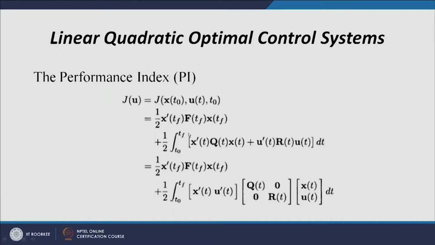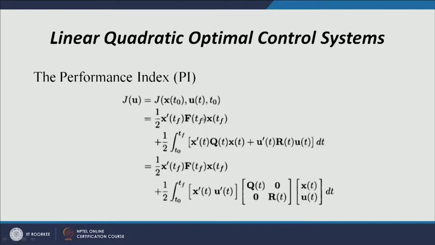Pi is a quadratic objective function which will contain x transpose t_f F t_f x t_f, which is my terminal cost, plus half of x prime Q x plus u prime R u. So x prime Q x represents my error, and u prime R u represents my control effort.